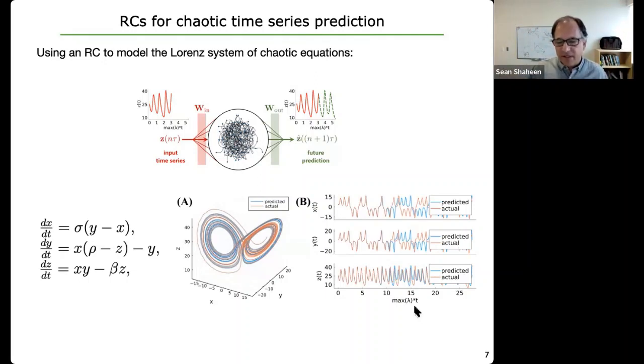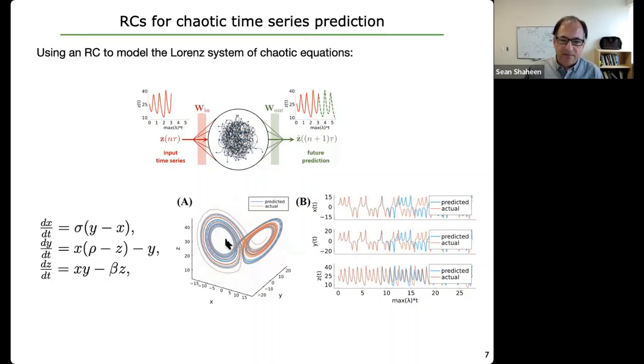So if you're just guessing, if you're just predicting randomly, you wouldn't expect to do much better than a single Lyapunov time, the 1 on this time scale. And in this case, you can see it reaches 9 or 10 pretty easily before the predicted and actual values start to diverge. And what you see is that in the X and Y dimensions, the divergence is in the form of, well, the system went down and the prediction went up, or vice versa.